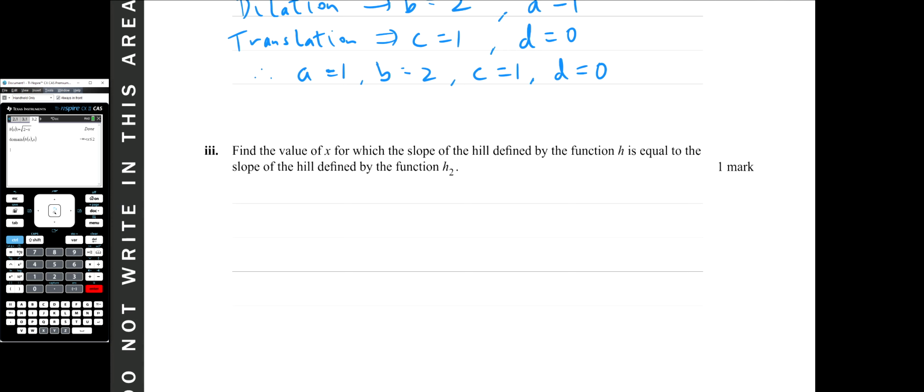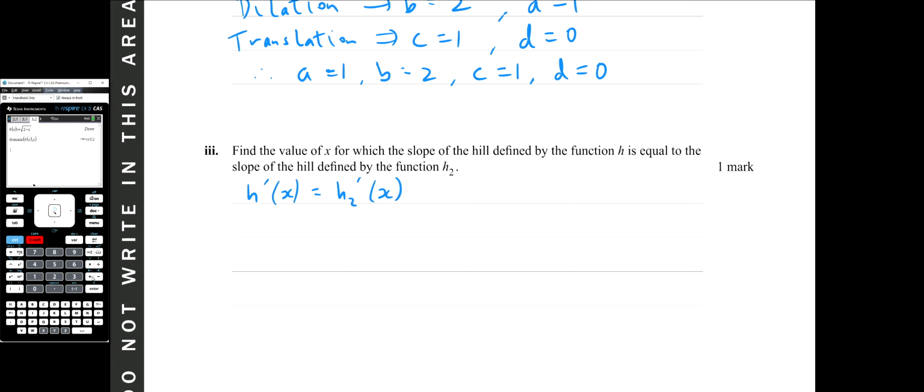Part 3. Find the value of x for which the slope of the hill defined by h is equal to the slope of the hill defined by the function h2. So what we're looking at here is we want h'(x) to equal h2'(x). In other words, we're just equating the derivatives.